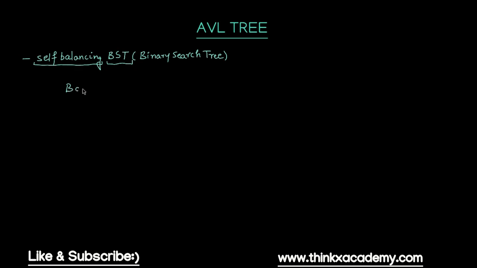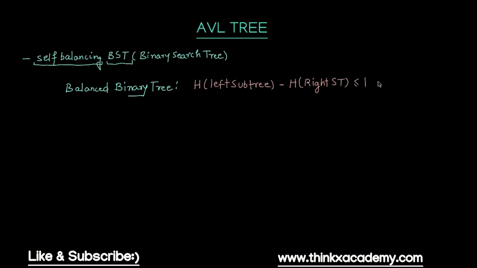Balancing basically means that if I want to say a tree is a balanced binary tree, then according to the definition, the difference of the height of the left subtree and the right subtree should always be less than or equal to 1. This is the basic meaning of a balanced binary tree.